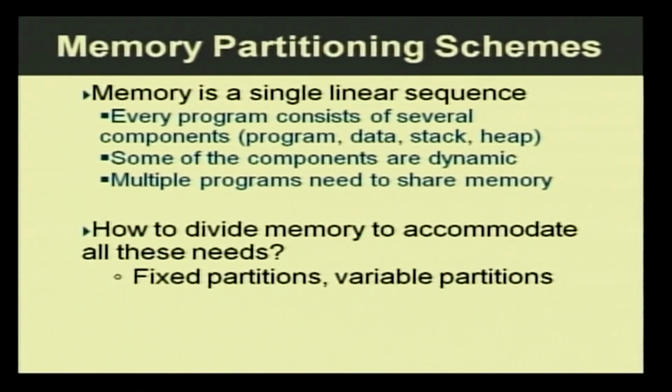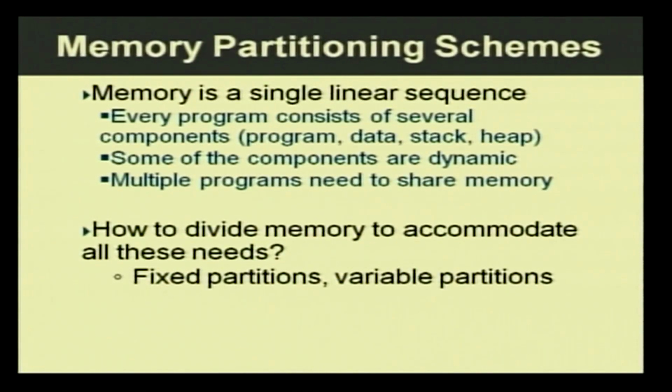There is also another problem: sharing of memory between the programs inside the operating system. Out of all these difficulties, memory management has to happen within any operating system. How do we divide the available memory space to accommodate all these needs?